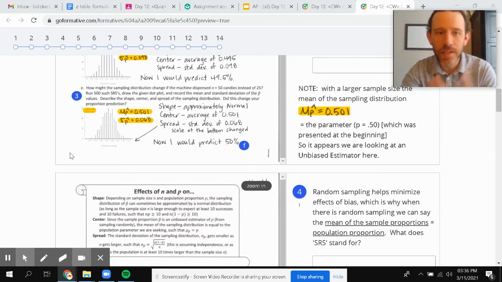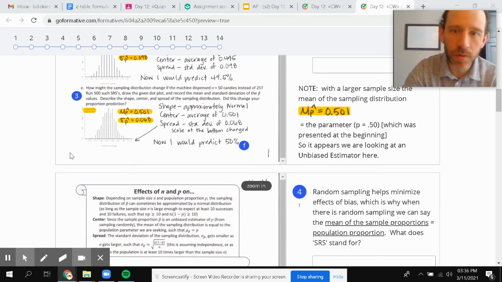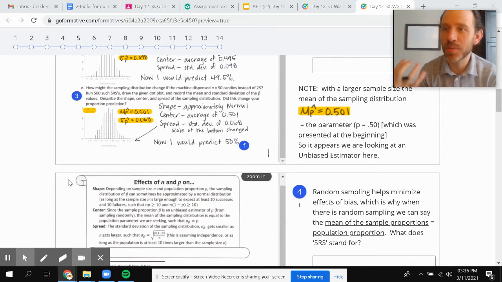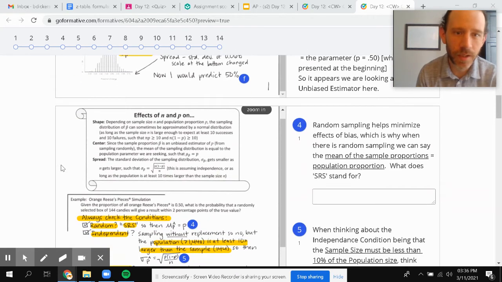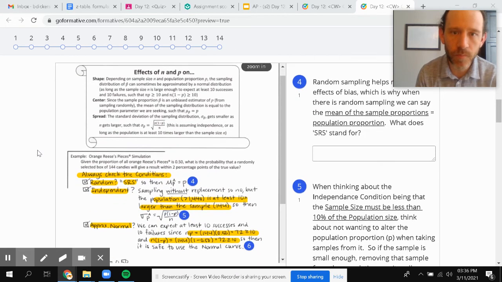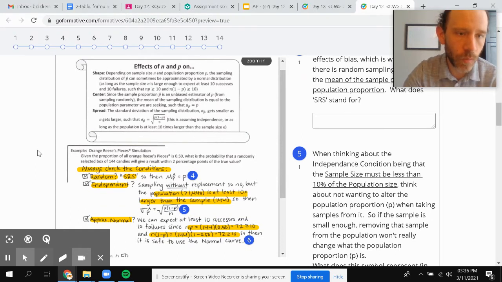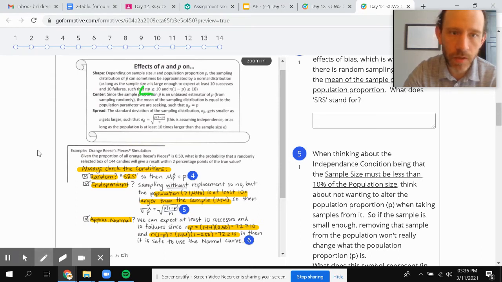So when we don't have these simulators like we did in number 3 and our previous questions, what do we do to be able to talk about shape, center, and spread? Well, we can verify the shape of a sampling distribution when it's proportions by this test here, np greater than or equal to 10, and then n(1 minus p) greater than or equal to 10.